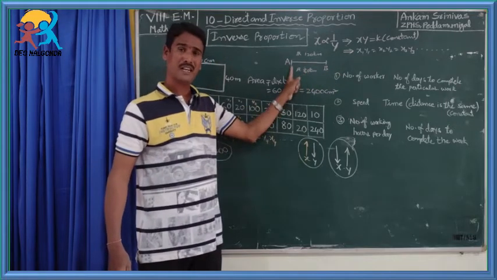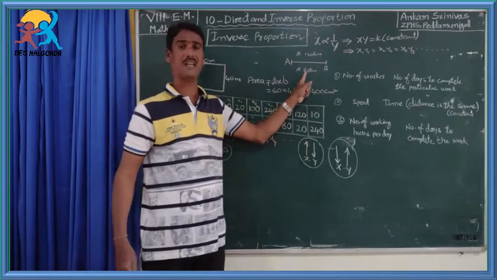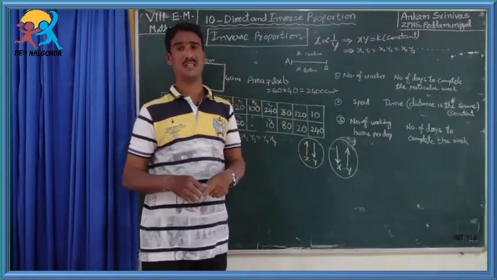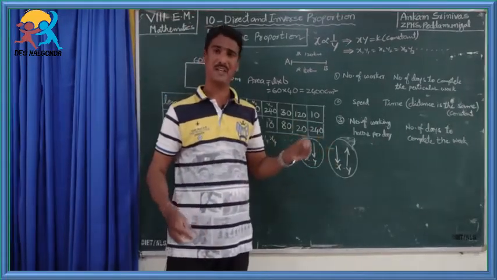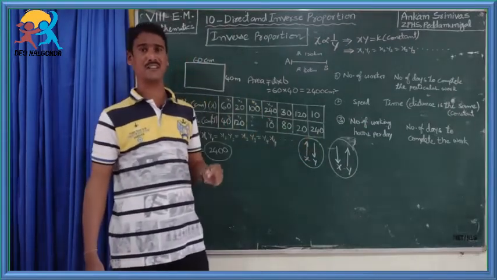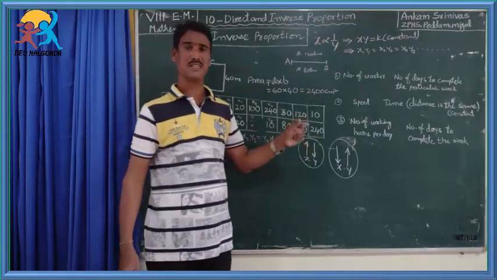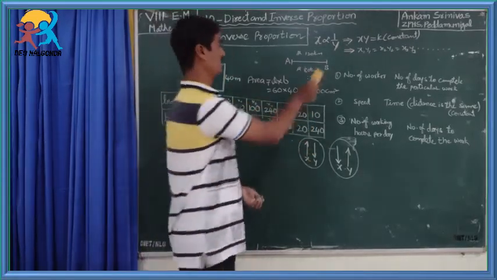So when the distance is constant, speed and time are inversely proportional. The one who goes at more speed will reach in less time. The one who goes at less speed will take more time to reach.